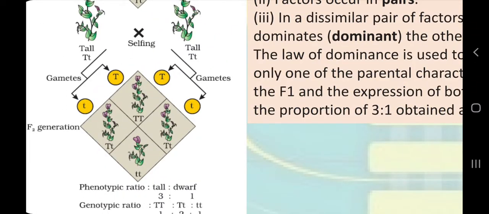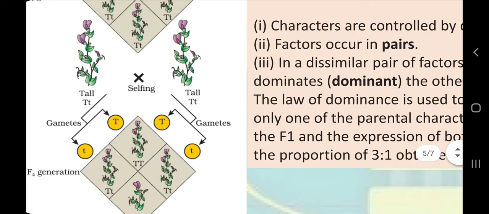These dwarf plants in F2 have no parent with the dwarfness feature. So if tall plants are producing dwarf plants, we can conclude that these tall plants have one allele for tallness, which is why they look tall, and one allele for dwarfness, because in the next generation they are able to produce dwarf plants.